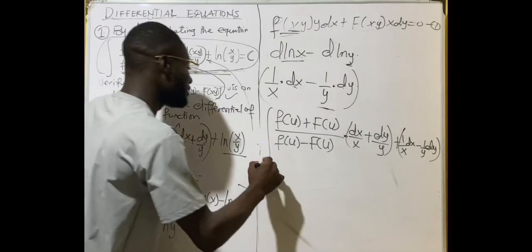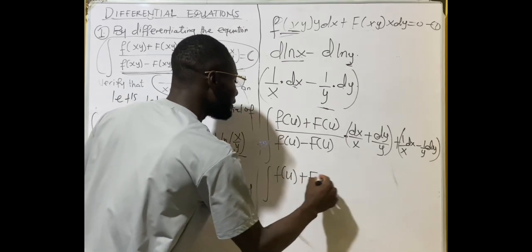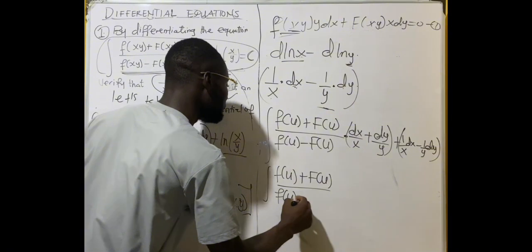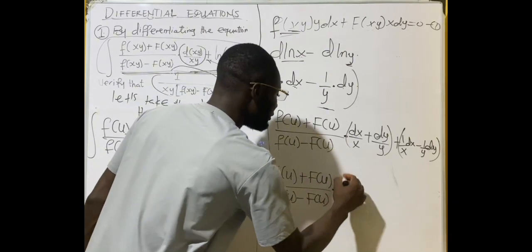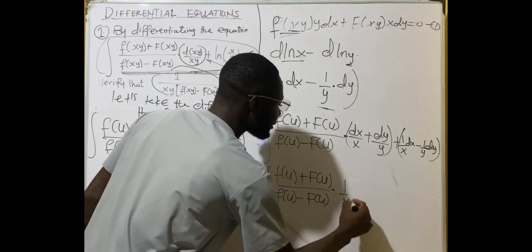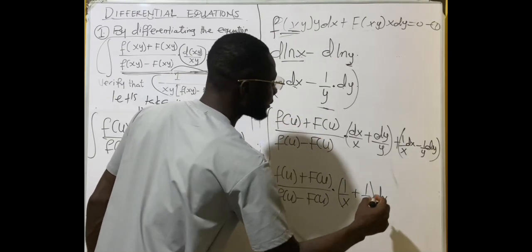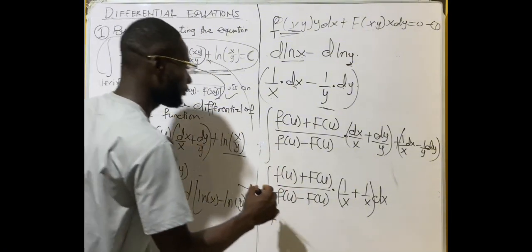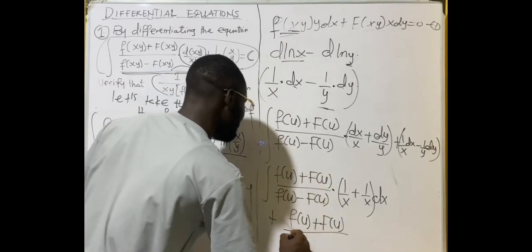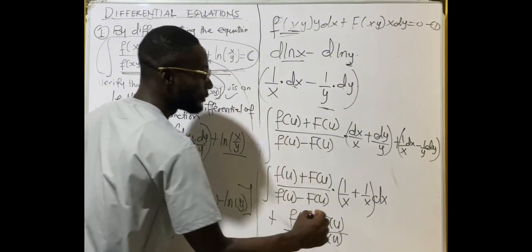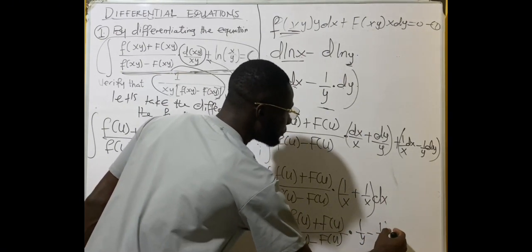from here. Okay, so we say that integral f of u plus big F of u all over small f of u minus big F of u times 1 over x plus 1 over x dx plus f of u plus big F of u all over small f of u minus big F of u times 1 over y minus 1 over y dy.